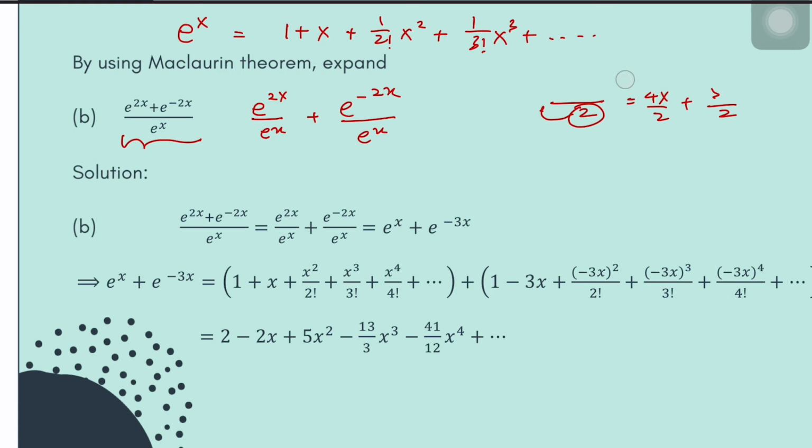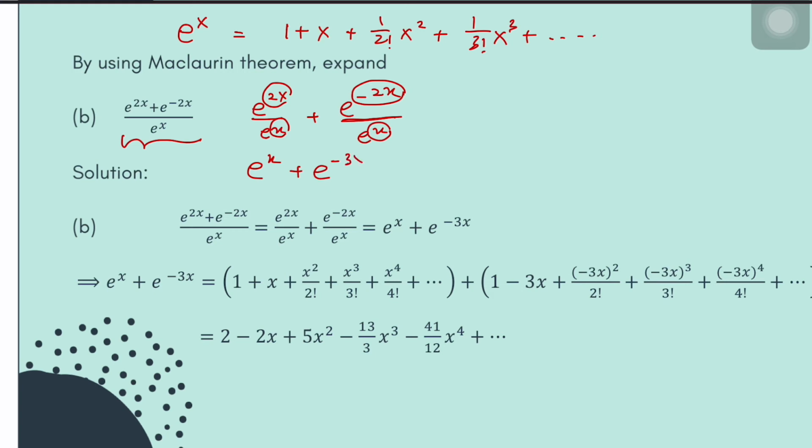So now that we have given them each a denominator, we can simplify. Because now you have e to the 2x divided by e to the x. So when dividing, the power is subtracted, right? So what you have here is e to the 2x minus x, which gives you x. Plus e to the negative 2x divided by e to the x. When dividing, we subtract the power. So negative 2x minus x will give you e to the negative 3x.